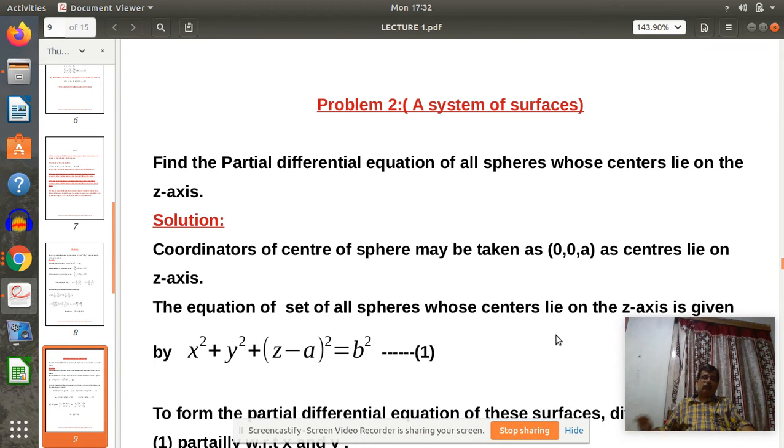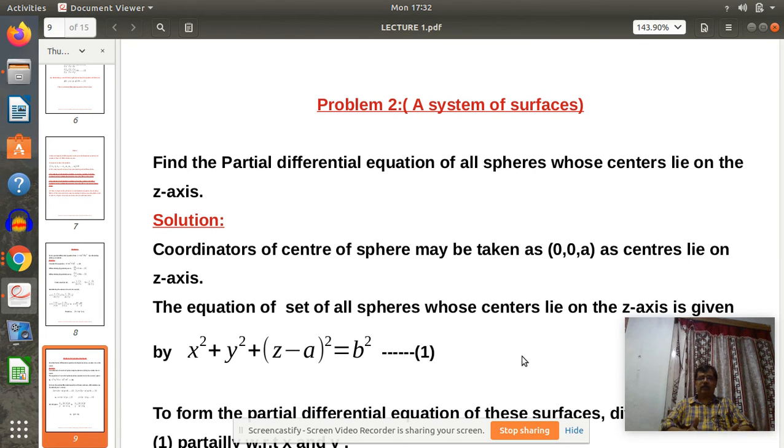Okay, so that's the idea of forming a partial differential equation. We take another one. Actually, a partial differential equation represents a system of surfaces. I think we are familiar with ordinary differential equations. A solution of an ordinary differential equation always represents a system of curves. Similarly, the solution of a partial differential equation always represents a system of surfaces. So here you have a system of surfaces, and naturally that will represent a partial differential equation.